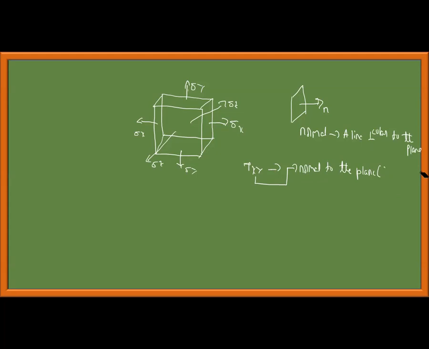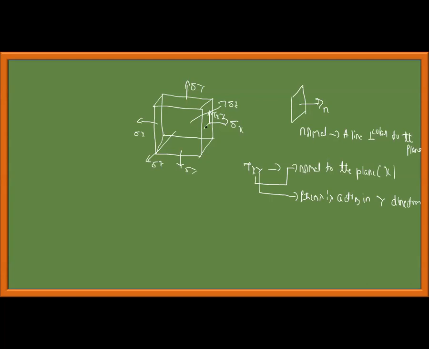And y indicates the stress is acting in the y direction. If I write tau xy, it will be like this. Tau xy: the normal to this plane is in the x direction and the stress is acting in the y direction.